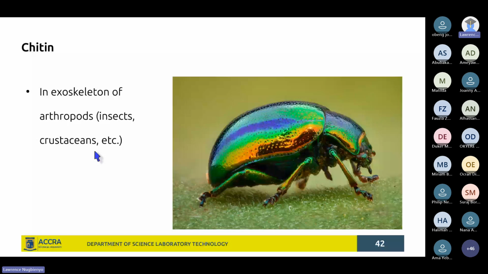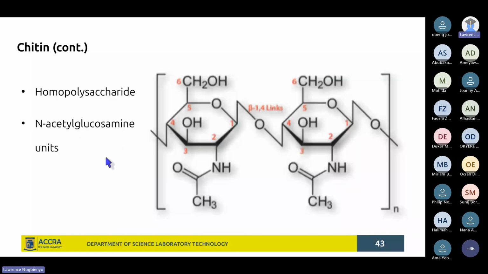You can have chitin also in the exoskeleton of things like centipedes, millipedes. And so that's a major component forming the exoskeleton of insects. Then you can have a derivatization of chitin into chitosan, which we'll come to.